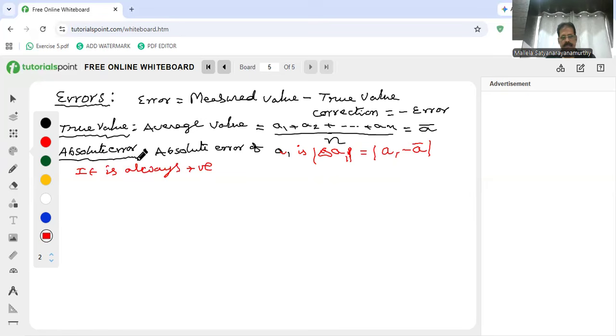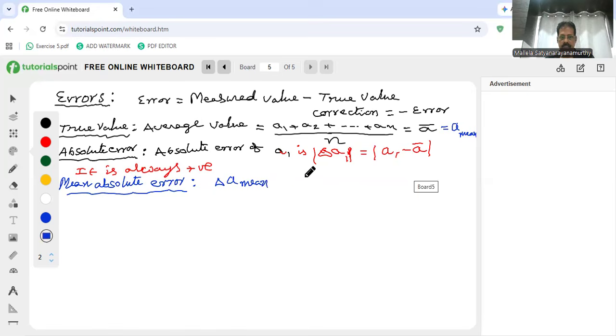Next is mean absolute error. Very, very important. Mean absolute error is the mean of all absolute errors, delta A mean. You can call it A mean, or A bar also.